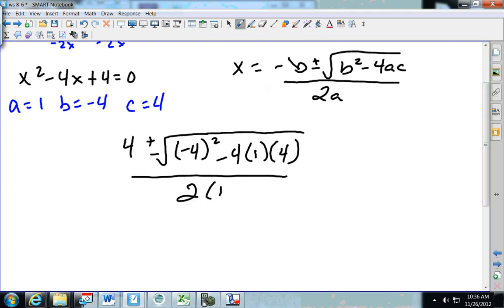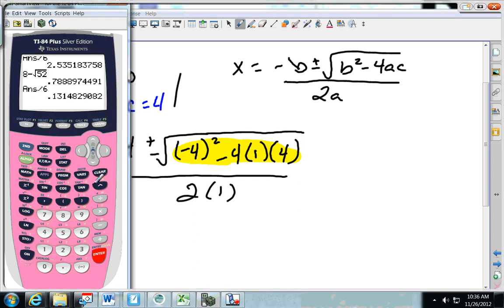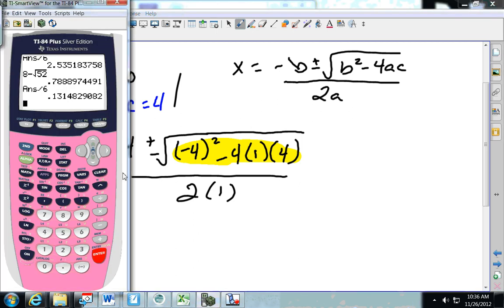Well, a is 1. Okay, so now let's do what's underneath the square root sign right here. So if I go to my handy dandy calculator, I have parentheses, negative 4 squared minus 4 times 1. Oops, go back here. Times 4. Press enter.